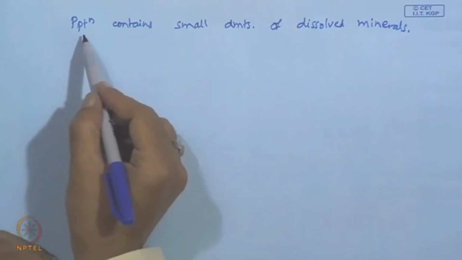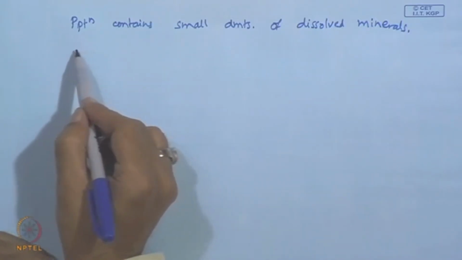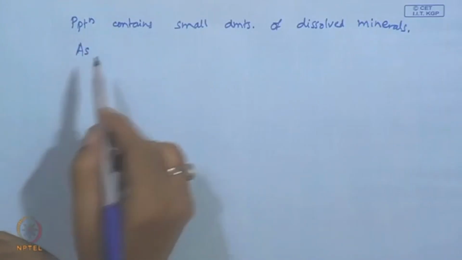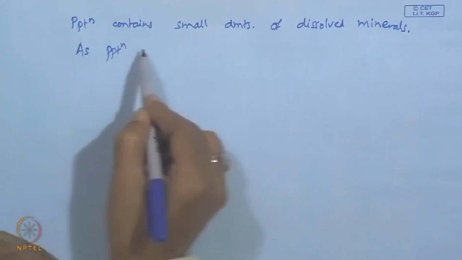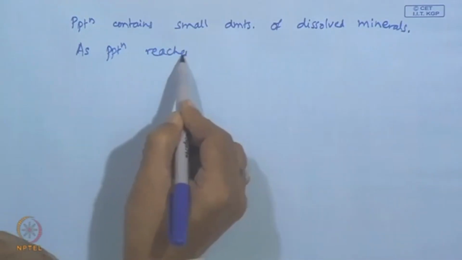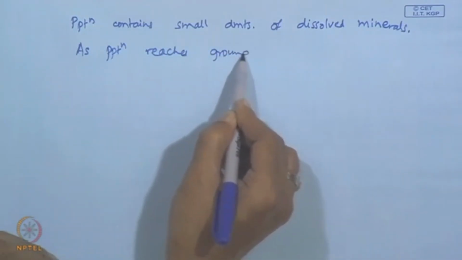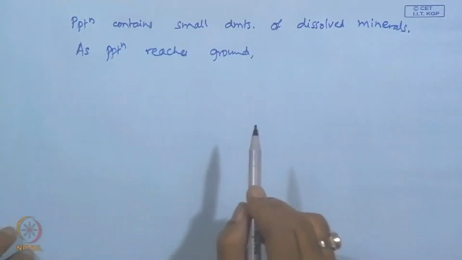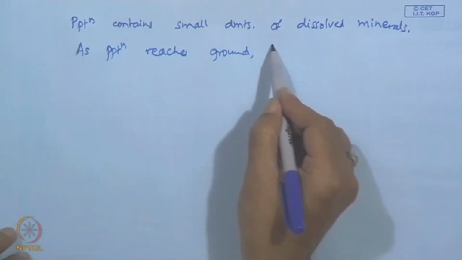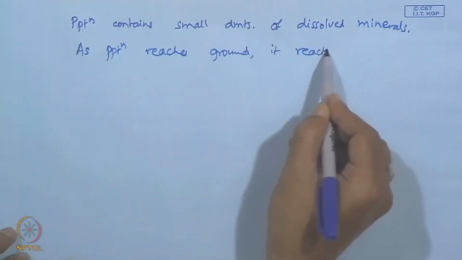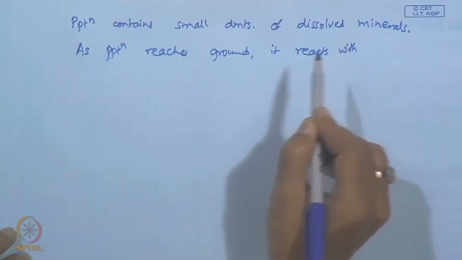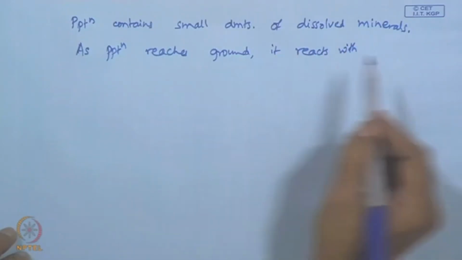Once this precipitation reaches the ground, it reacts with soil minerals and rocks.